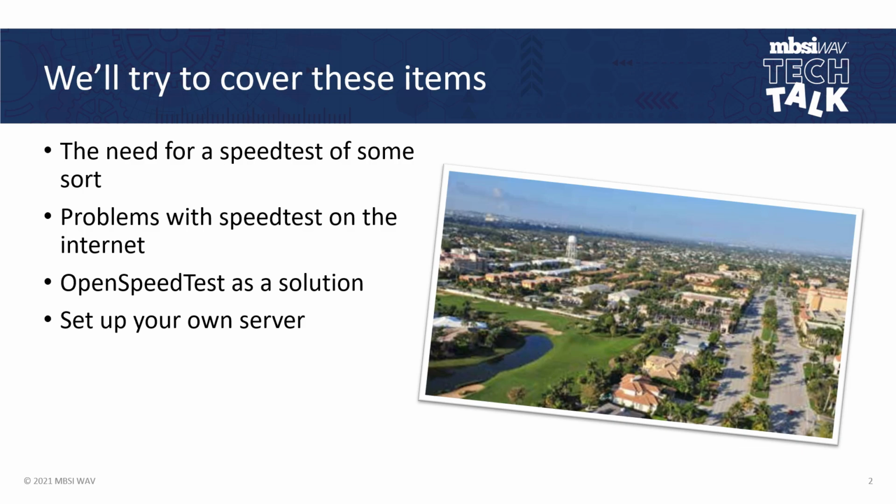But I've gone to test to other locations and seen as low as 400 or 500, and so it's too variable for a piece of test equipment. So what's the solution? Open Speed Test looks to me like it's a really good solution.